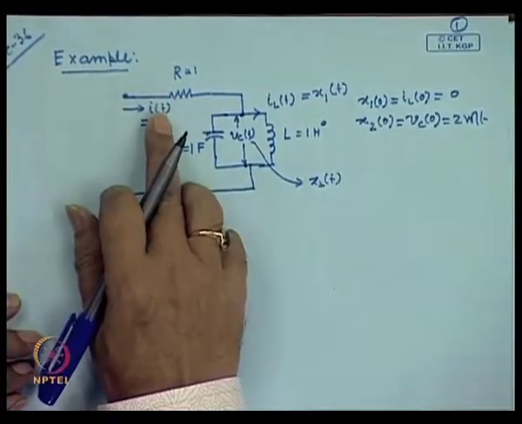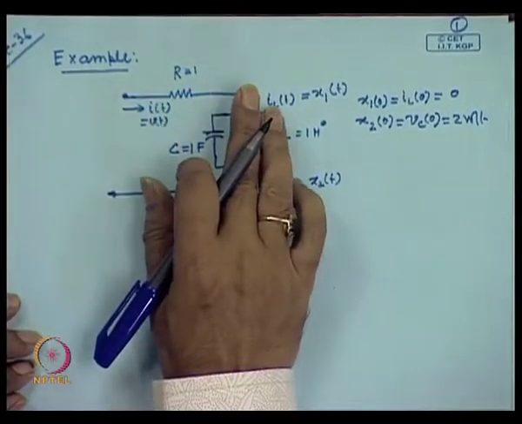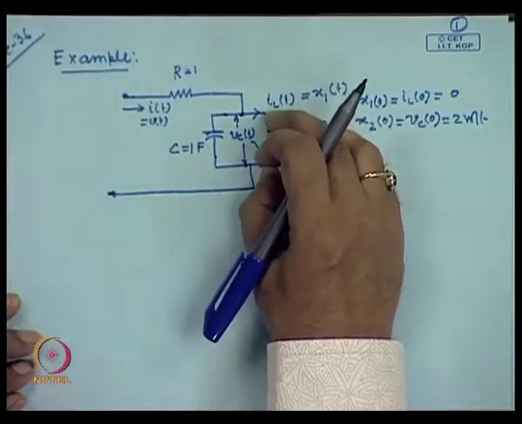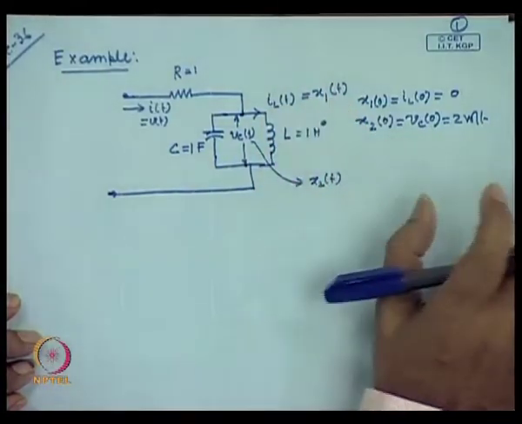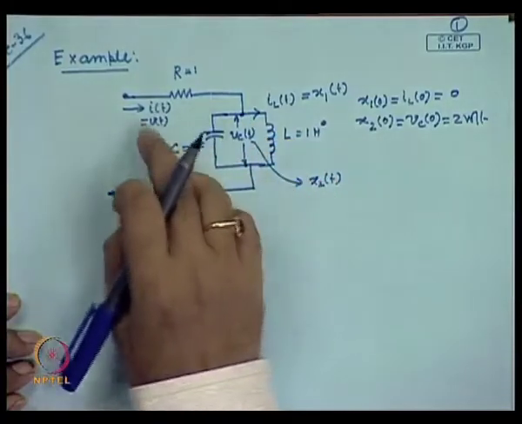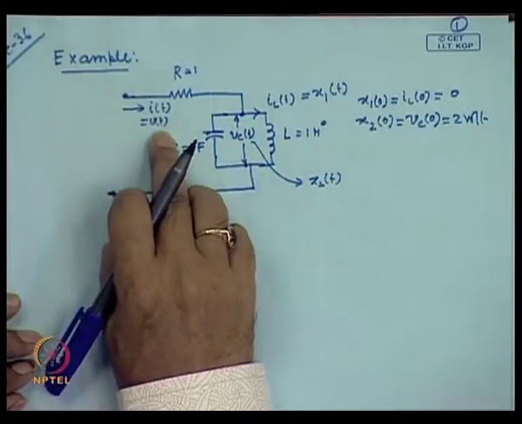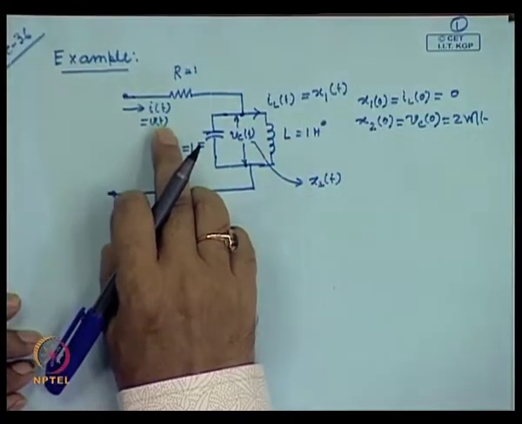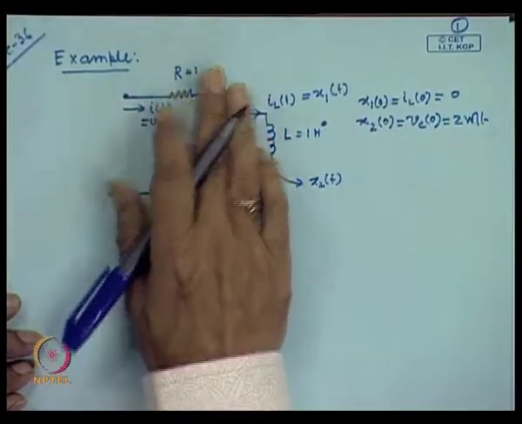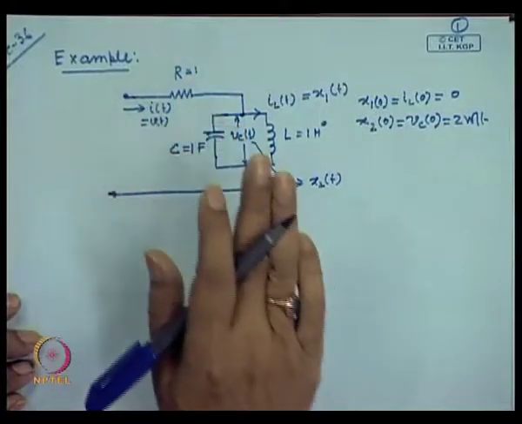such that after a finite time interval, the voltage across the capacitor and current flowing through the inductor will be 0. So, our problem is find a control law u of t such that the loss in the circuit, power wastage in the circuit will be minimum.